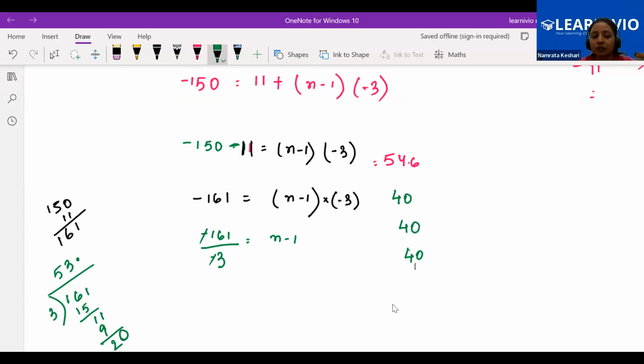Again we have to take 0 over here. 3 6 times 18. Again 6666 will keep on coming. So anyway we can see here 53.6 bar will come, is equal to n minus 1.